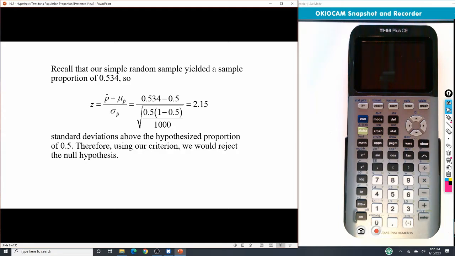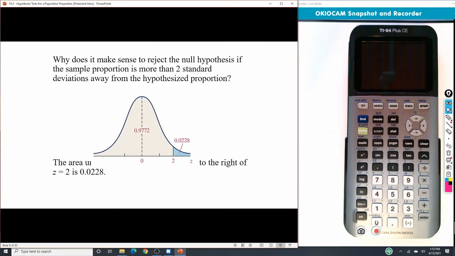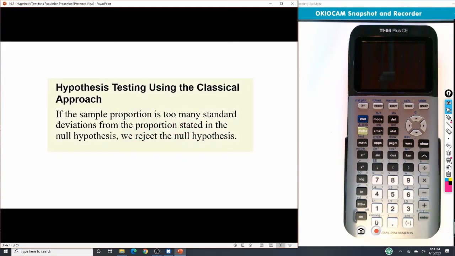So therefore, because that's greater than 2, we would reject the null hypothesis. That is such a small percentage, which is why we do that. So the area to the right of z equals 2 is that little bit. Now, we call that the classical approach, with that being too many standard deviations away.